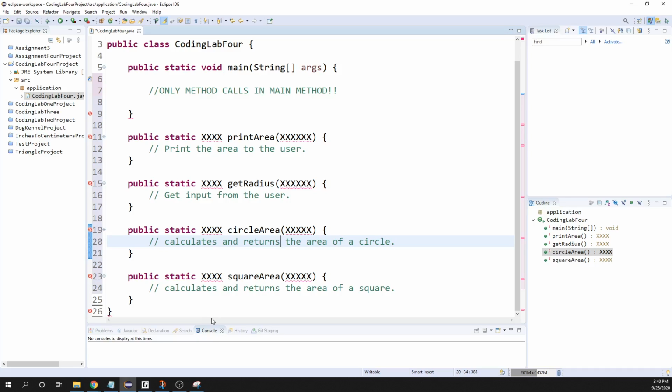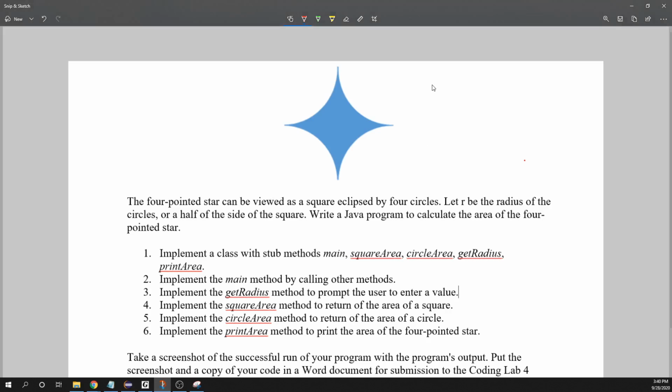And before I forget, let's see, the area of a circle, if you forget that. So the area of a square is A equals s squared, where s is the side length of the square, like here.